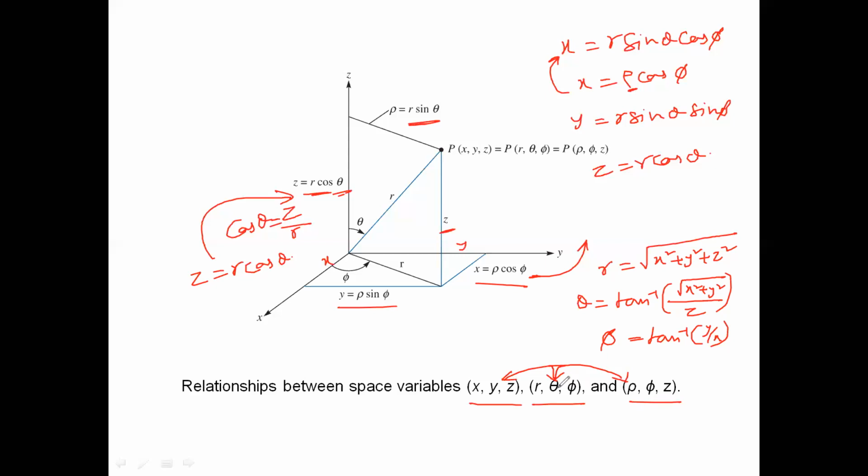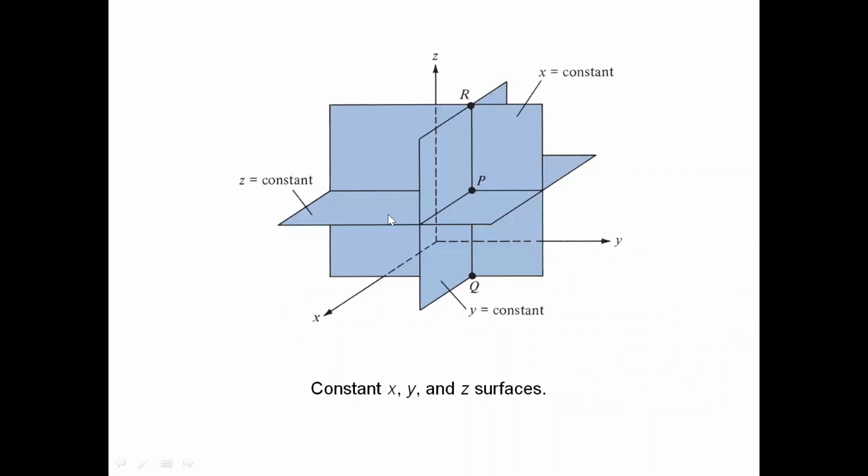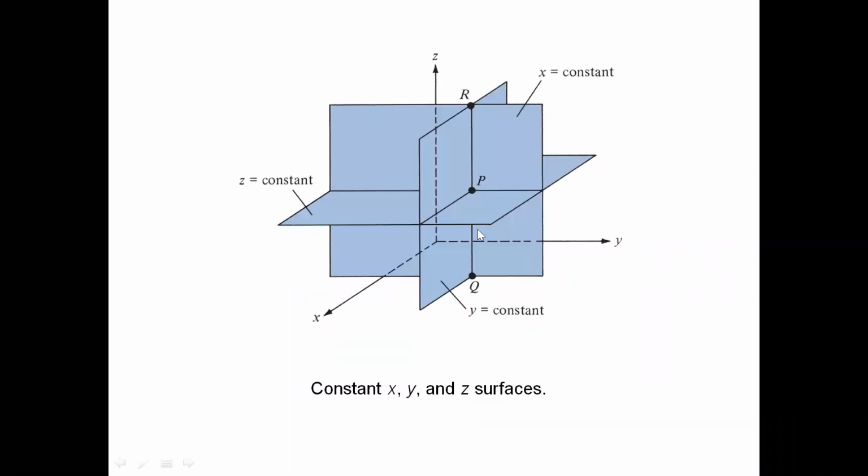Now, in the same manner, we can go ahead with the unit vectors also. That is also possible in this case. Now let's look into the shapes, the constant surfaces, and how they look. These are the constant surfaces whose shapes you can easily identify.